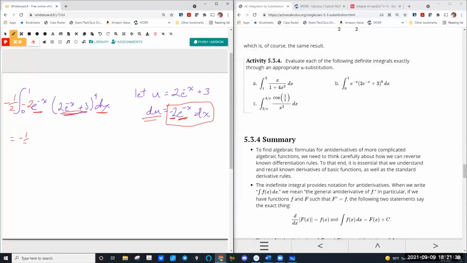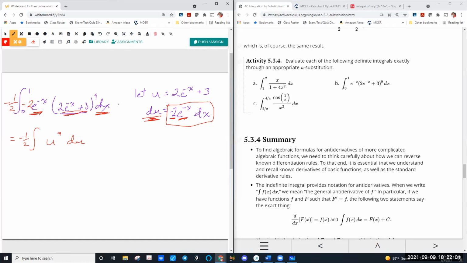So we've got the negative 1/2 out front. The negative 2e to the negative x dx is du. So we end up with u to the 9th du. This is nice because now we're down to a very basic antiderivative.